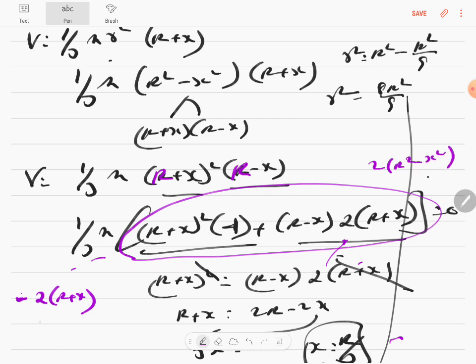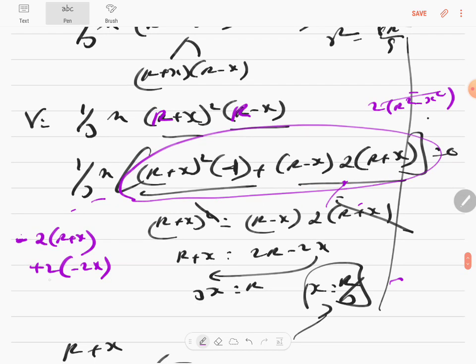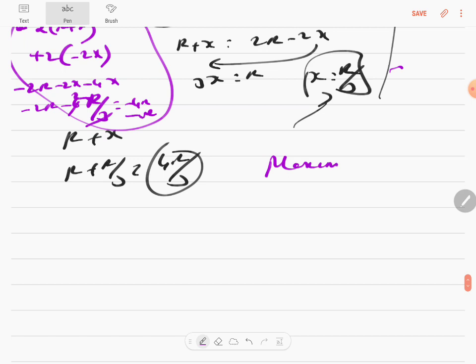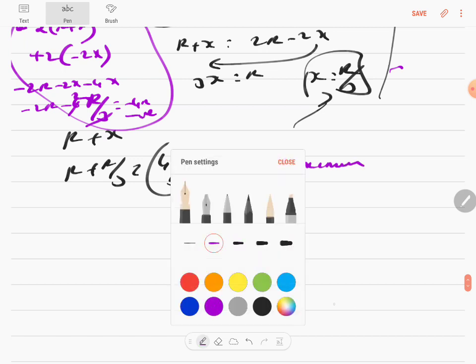So plus 2 into minus 2x because R square will become 0. So you take it as minus 2R minus 2x minus 4x is minus 2R minus 6x and x is R by 3. So R by 3 will become minus 2R minus 4R, therefore it's negative and therefore the value that you got is maximum. Verification is over. Can I go to next sum?